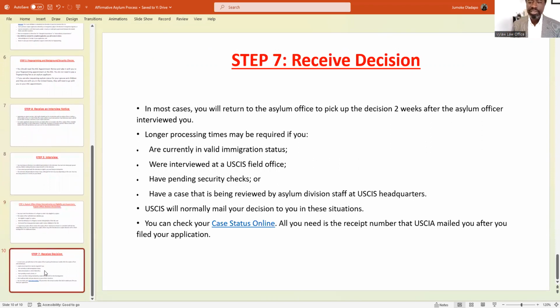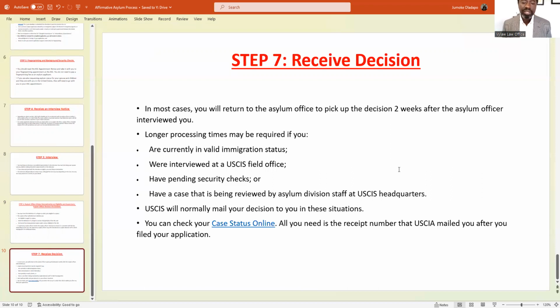Step 7, receive your decision. In most cases, you will return to the asylum office to pick up the decision 2 weeks after the asylum officer interviewed you. Longer processing times may be required if you are currently in valid immigration status, you were interviewed at a USCIS field office, have pending security checks, or have a case that is being reviewed by asylum division staff at USCIS headquarters.